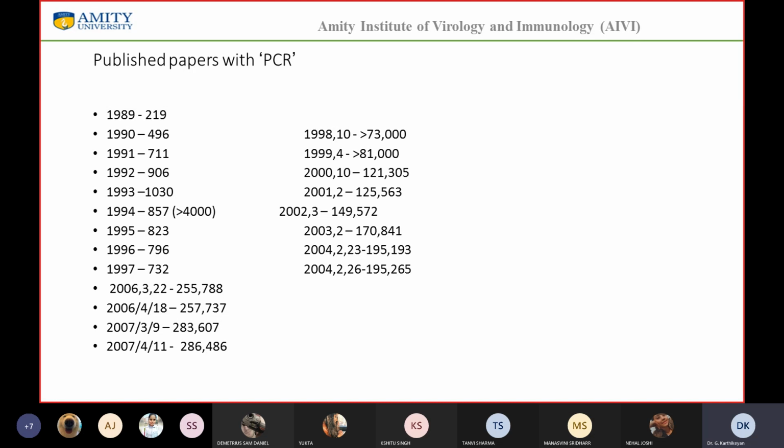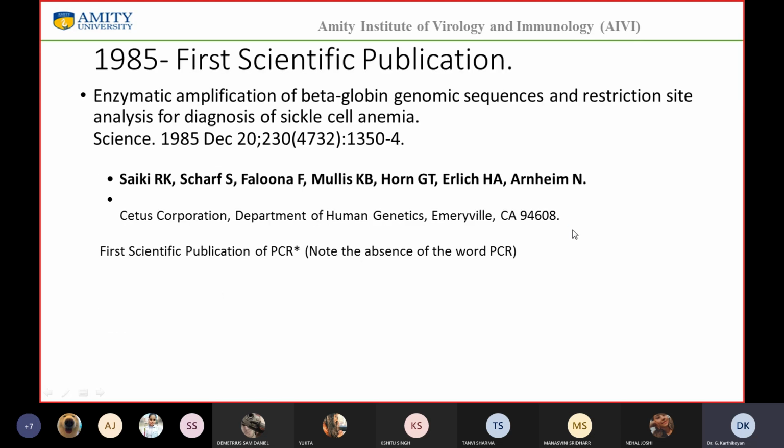Today you can go to any part of the world and you will see a PCR machine, and in some form or other PCR is being used for many different activities. Diagnostics is just one thing that I said. In the current pandemic, PCR diagnostics is so routinely used.